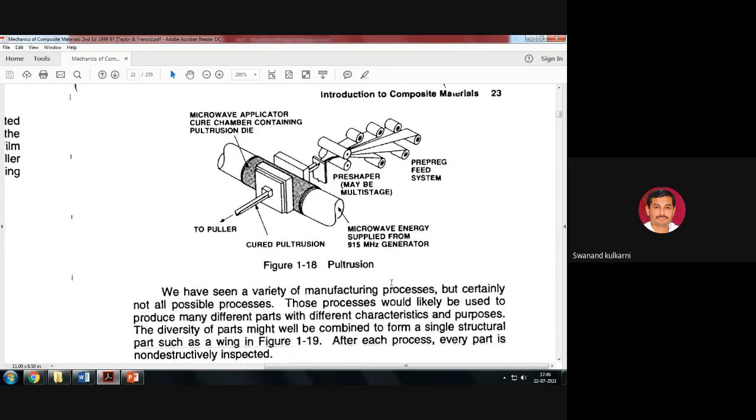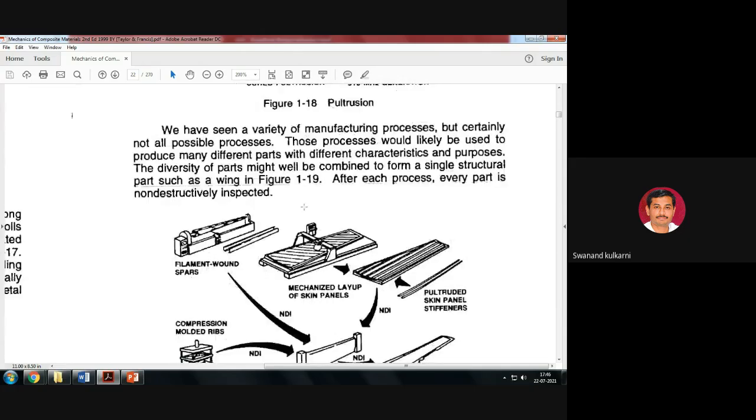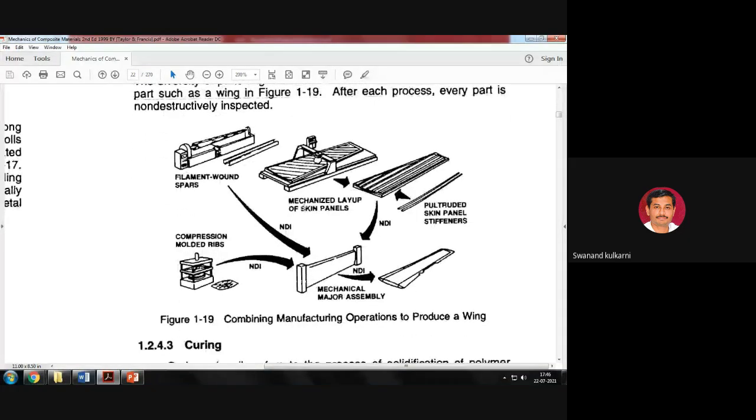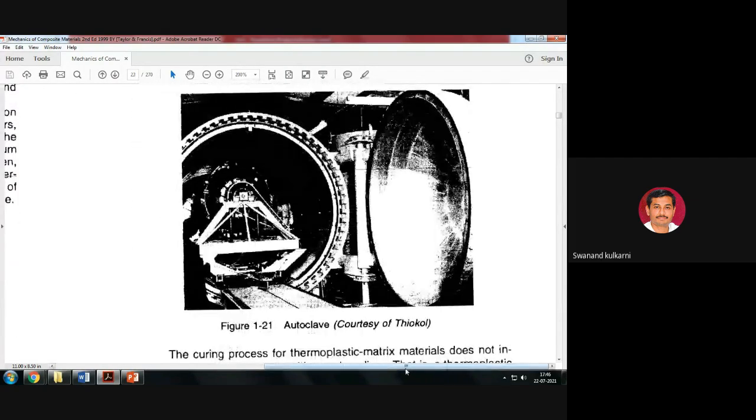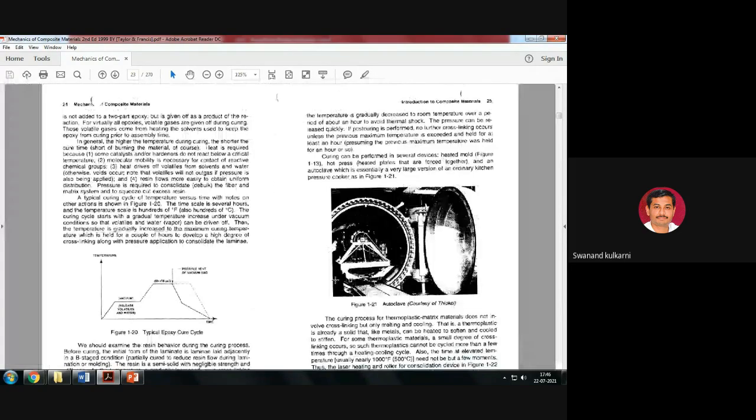Now we have just seen how the pultrusion process is carried out. Here you can observe how the pultrusion process works. The figures of the pultrusion process can also be shown here. These are also some of the shapes. Here you can also see autoclave manufacturing or curing process.